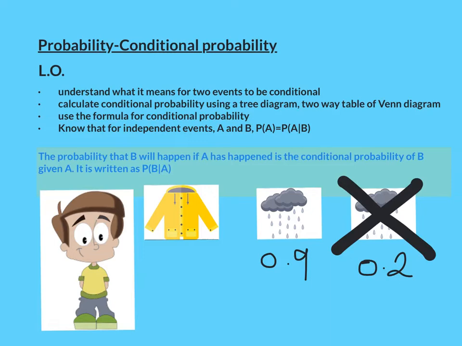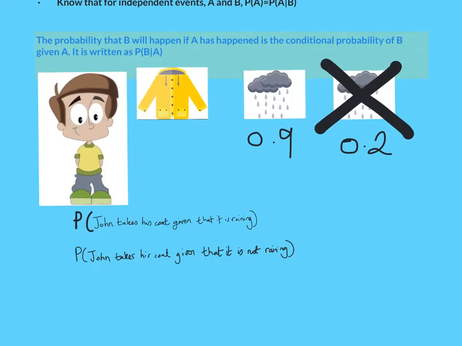Okay, now we're going to look at this in terms of conditional probabilities. Now, these are unnecessarily long at the moment. We can easily use symbols for this instead. So let's use C for coat and R for raining.